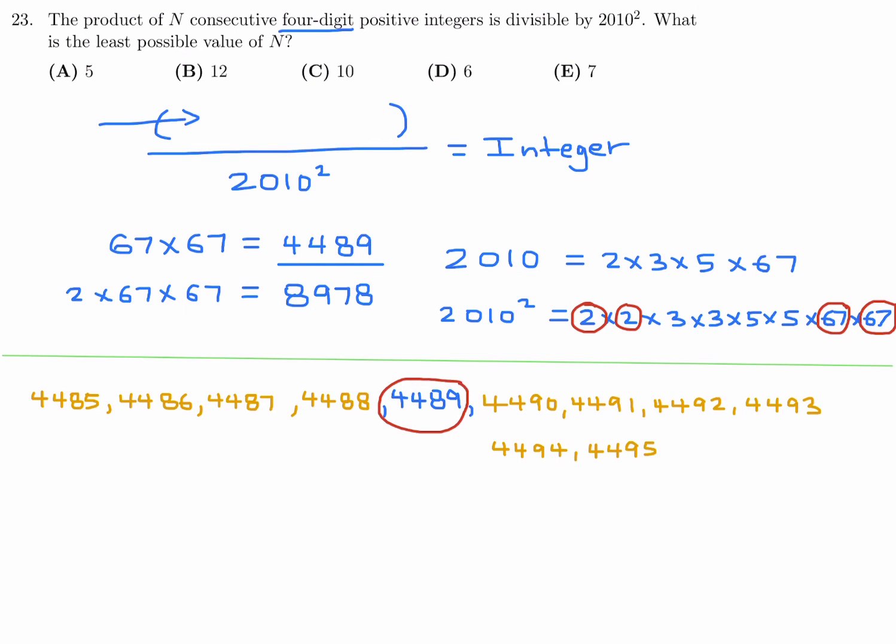Can it be divisible by anything else? The answer is yes. It can also be divisible by a 3. So this one helps us out quite a bit. 4487: is that divisible by any of the remaining factors? It's not divisible by 5, obviously, because it would have to end in a 5 or a 0. And it's also not divisible by 3.